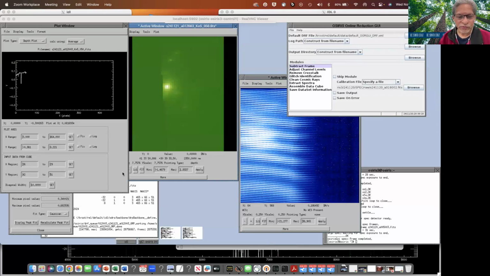Why did we split the field left and right? Because it's a rectangular field of view, and we wanted to get good radial coverage all around the cluster.